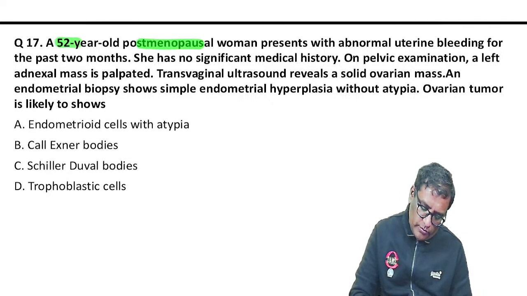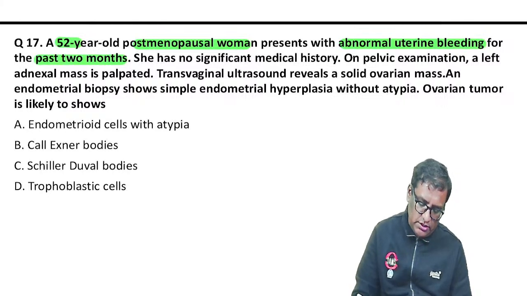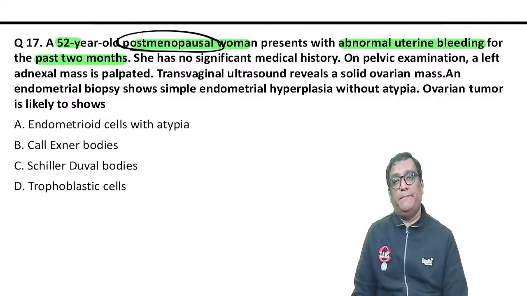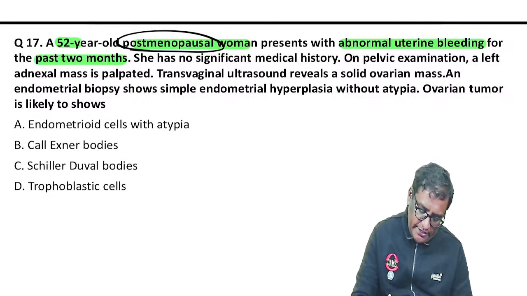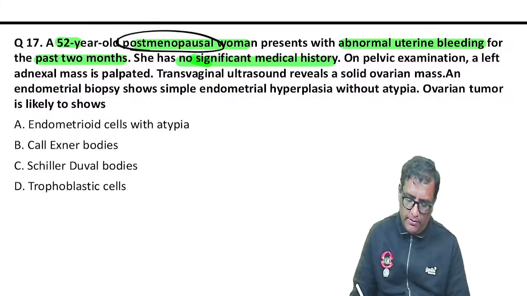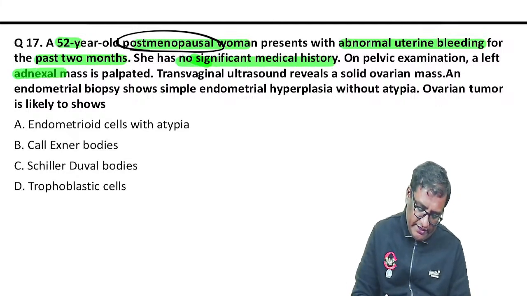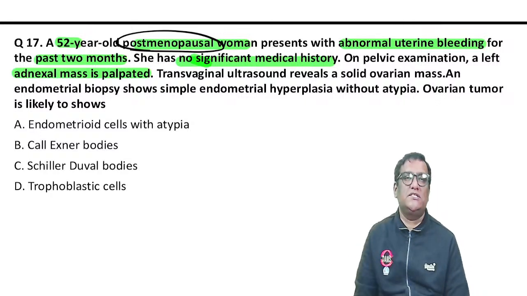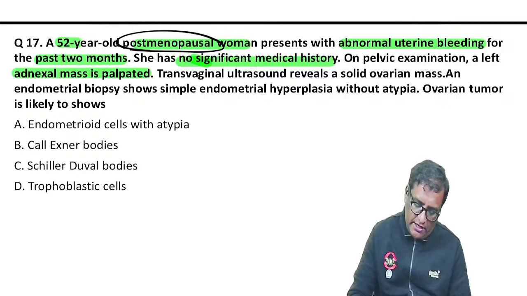A 52-year postmenopausal woman presents with abnormal uterine bleeding for past 2 months. Okay, she is already postmenopausal, but still she is having bleeding. And she has no significant medical history. On pelvic examination, a left adnexal mass is palpated. So there is an adnexal mass or ovarian mass basically.